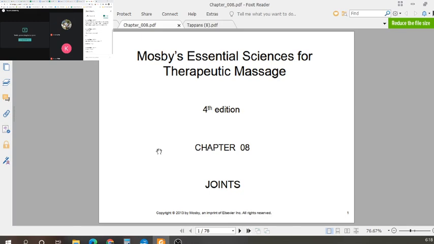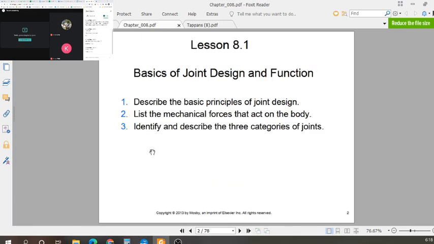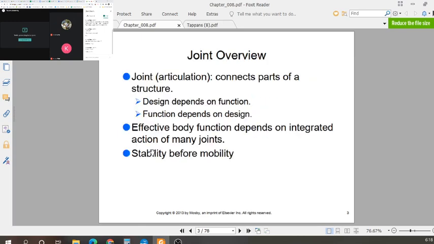So, chapter 8, joints. Basic design and function of our joint. A joint is called an articulation. You can still use joint, but don't look at me if you have no idea what I'm talking about when I say articulation.